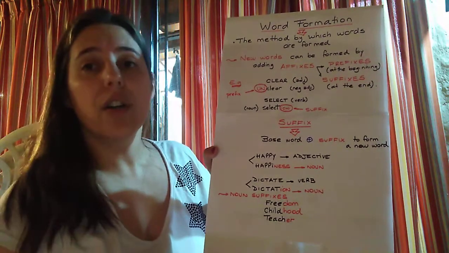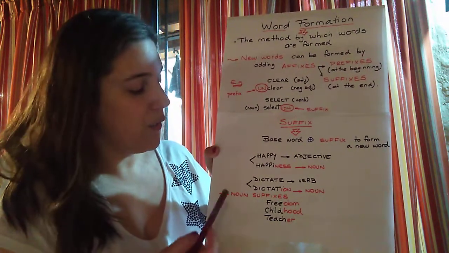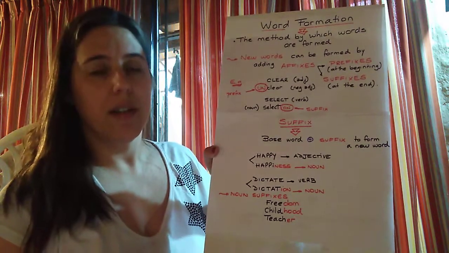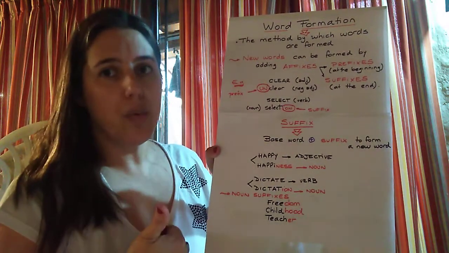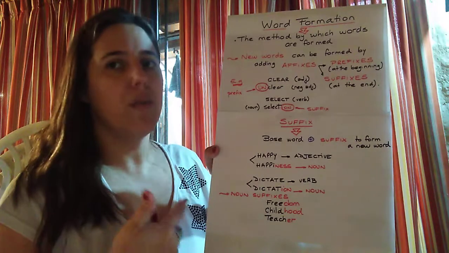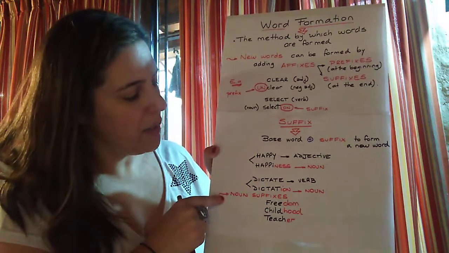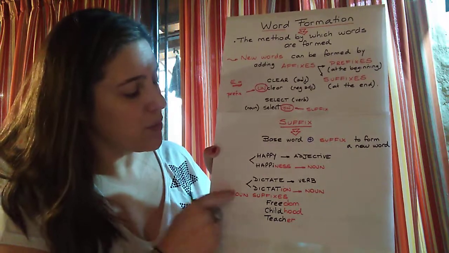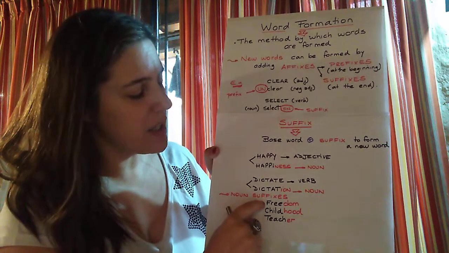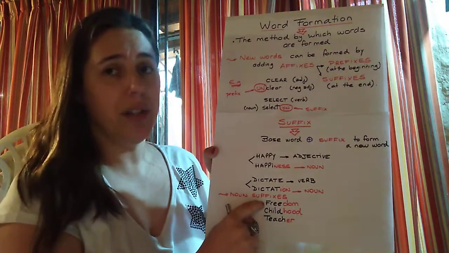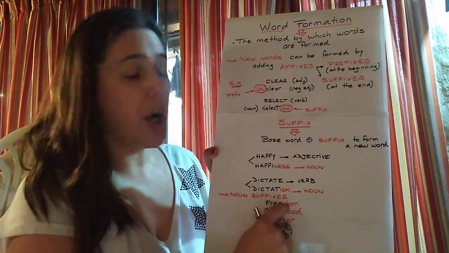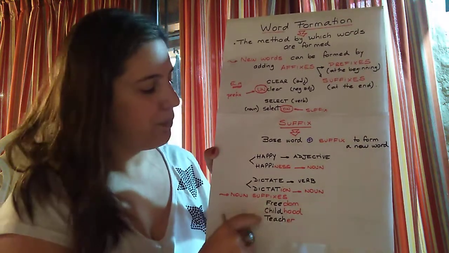So, there are common suffixes to form different kinds of words. That is to say, to form nouns, to form adjectives, to form adverbs, to form verbs. So, other examples of suffixes to form nouns. If I have the adjective free, I am free, it is because I have freedom, the noun.